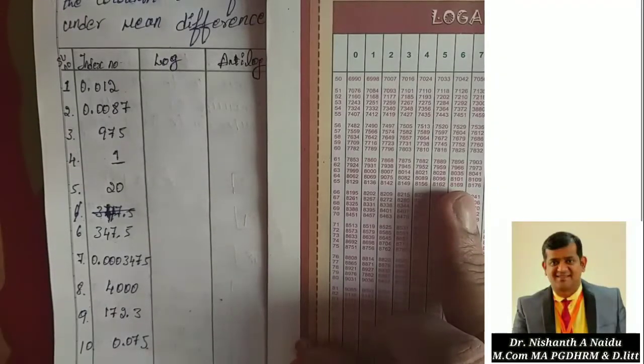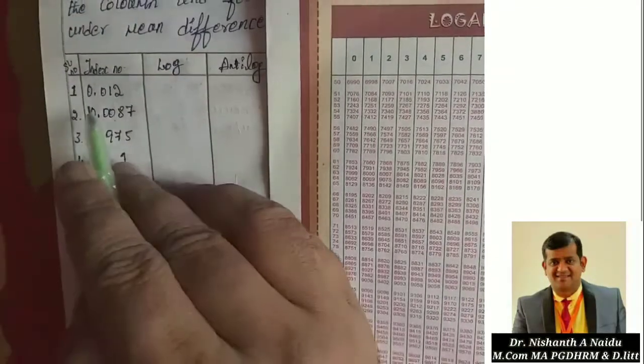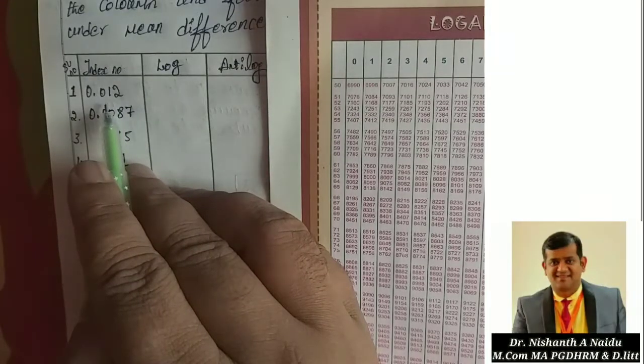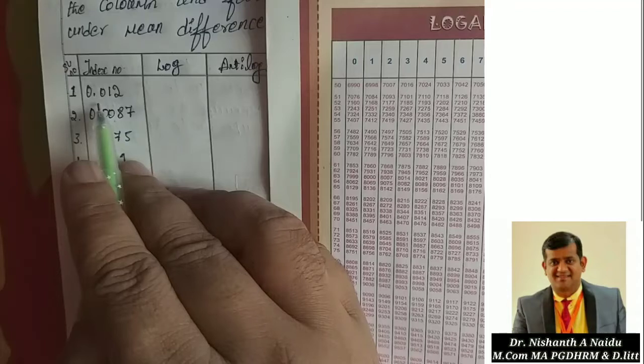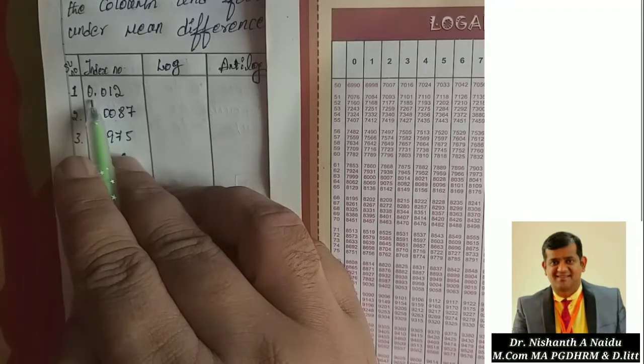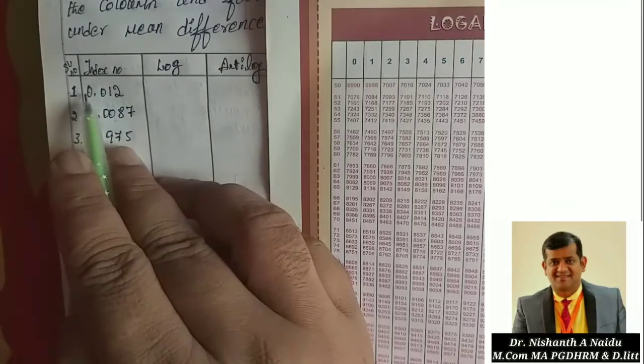To identify log for 0.012, what you have to do is add 1 to this number, correct? So when you do this, that will become minus 2.